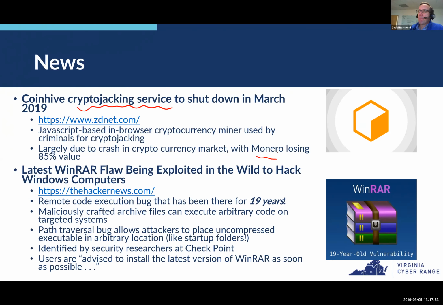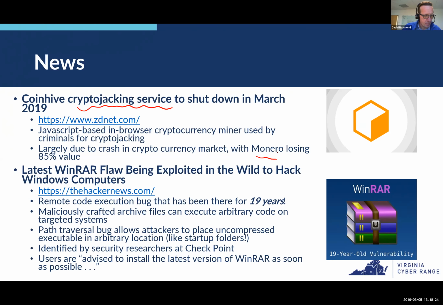And they also were able to make it work so that even after you left the web page, the JavaScript would keep running. So even after you're done visiting the web page that had been hacked, there's a JavaScript program mining cryptocurrency in the background using compute cycles of your computer, and that mined cryptocurrency would go, of course, to the hacker.